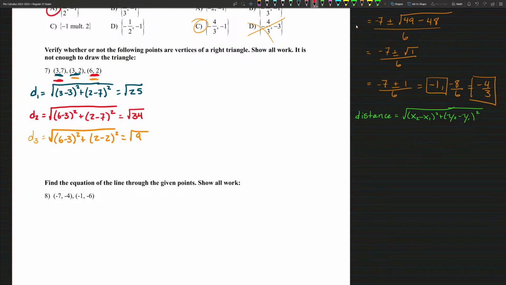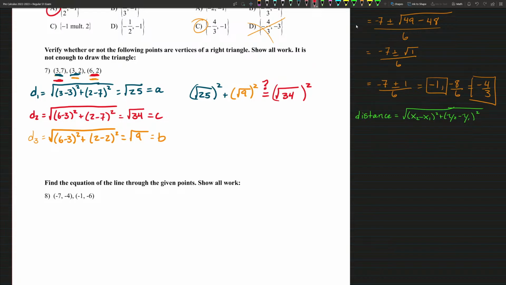Our biggest value is going to be our C value. We can call the other two A and B. And we should have that A squared plus B squared, we need to see if that is equal to C squared.